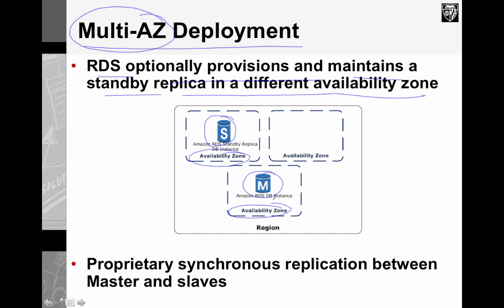In situations where the master fails, the slave or the standby will be made the new master. This is all done using proprietary synchronous replication between the master and the slave, and this helps you with availability. We'll talk more about this in the architectural capabilities for availability.